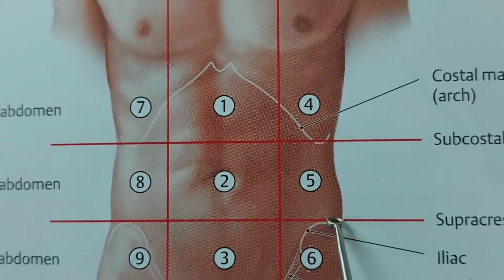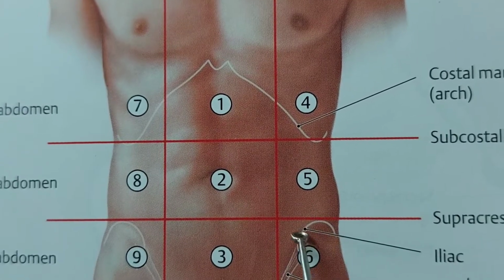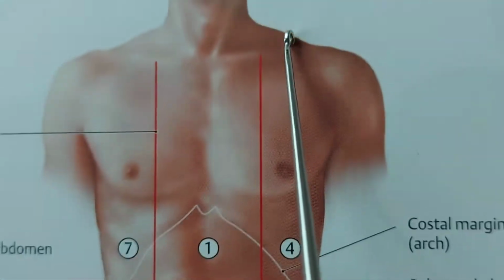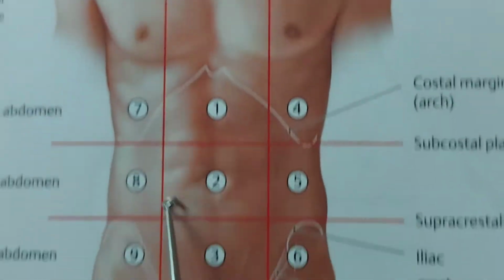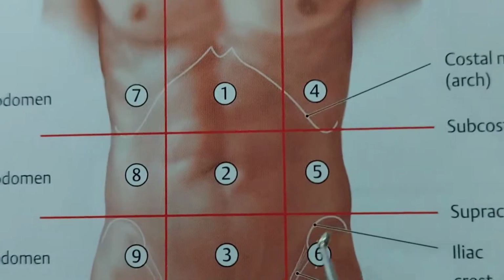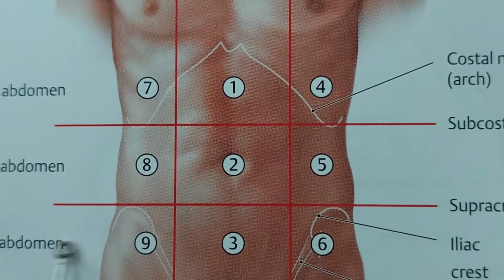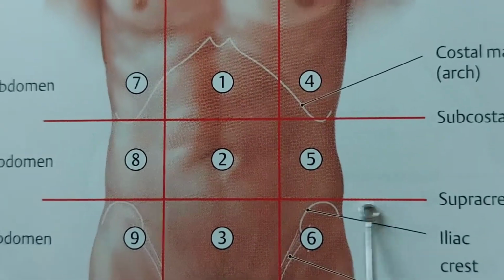This line passes through the middle of the clavicle, and the line through the middle of the clavicle is the mid-clavicular line. These two lines are the mid-clavicular lines. So these 4 lines, the transpyloric line, the transtubercular line, and the 2 mid-clavicular lines, divide the abdomen into 9 regions.